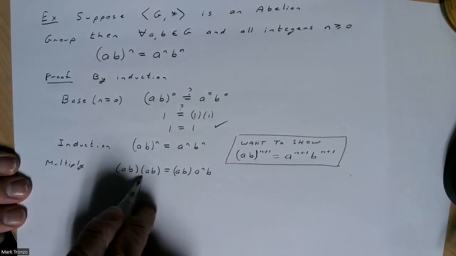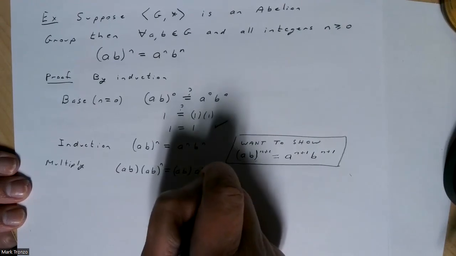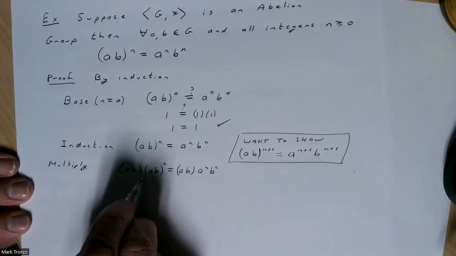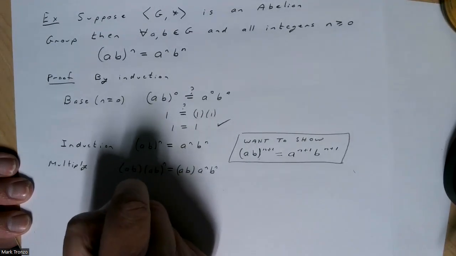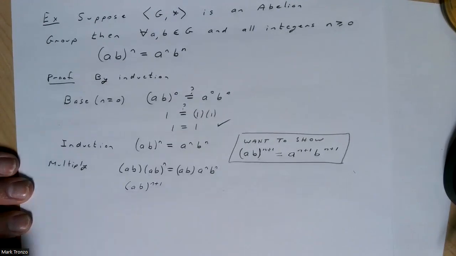Now, of course, excuse me, there should be an N right here, and there should be an N here. And now when we multiply this together, of course, we're going to get (AB)^(n+1).